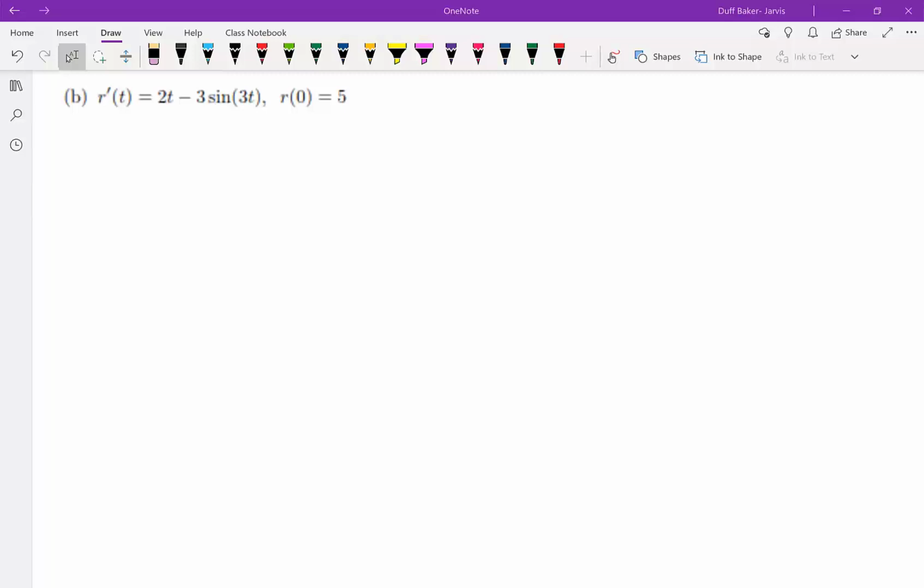Alrighty. So maybe you didn't get it all the way through, but let's see how it goes. So remember, the first step is to find the most general antiderivative. So you find all possible antiderivatives, all possible r's, because we're given the derivative.